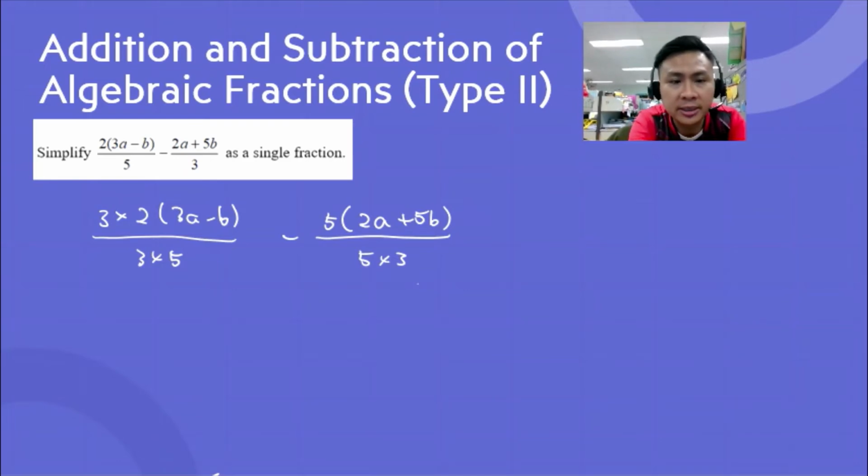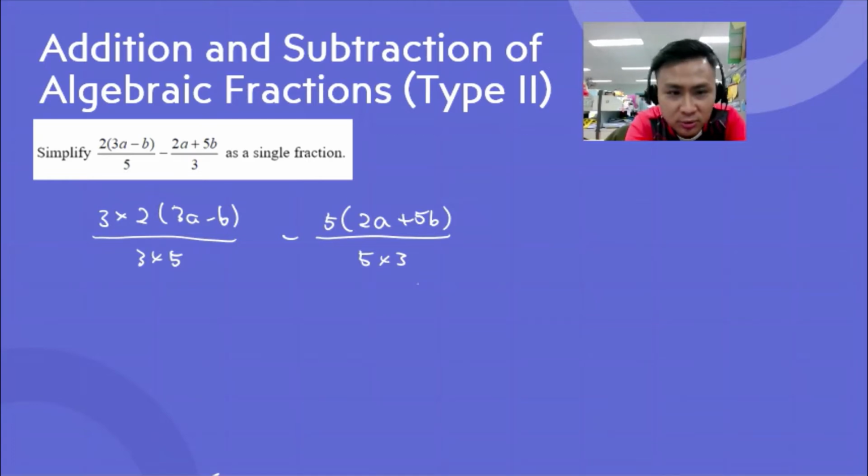Okay, the next step. Now a common mistake that students will make is they will multiply 3 to 2, and they will also multiply 3 to the terms inside the bracket. We cannot do that. It's just like when you are playing some adventure games. When you use one potion for one character, the potion cannot be used for the second character, correct? So it's the same over here. When you use up the 3 for 2, it is used up.